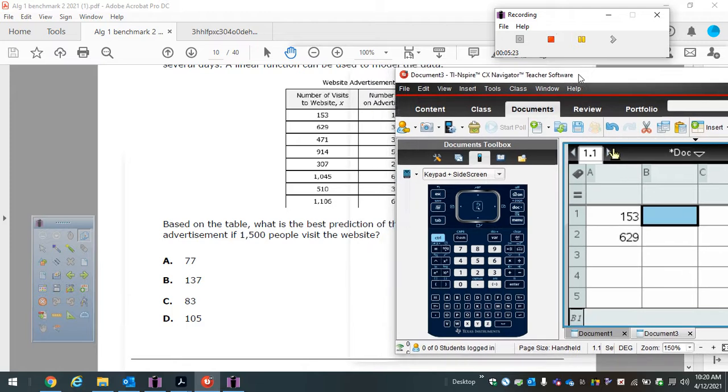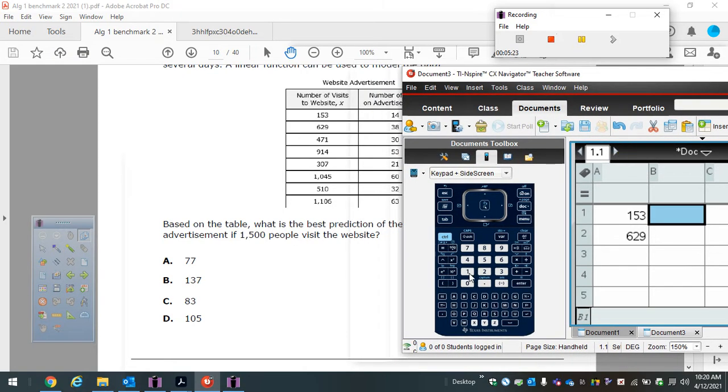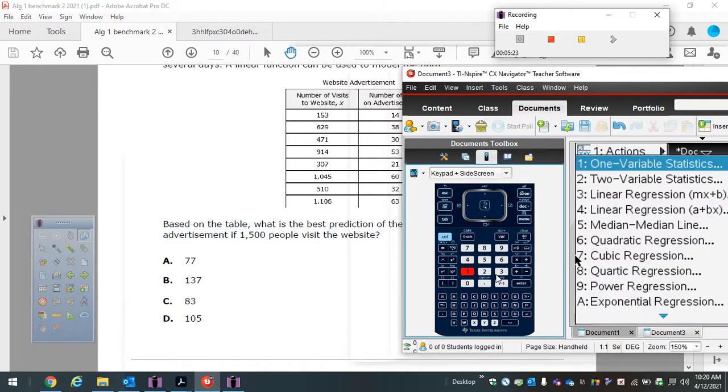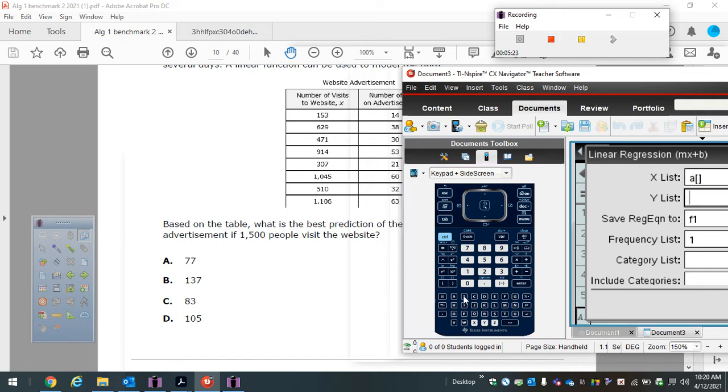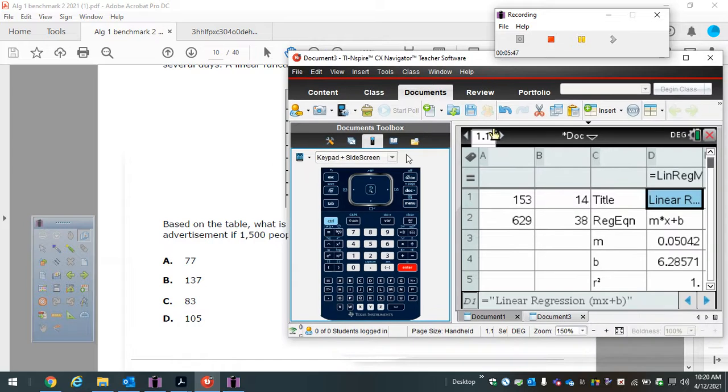Over here, I'm going to have 14 and 38. Then I'm going to add a graph so you can see the graph.